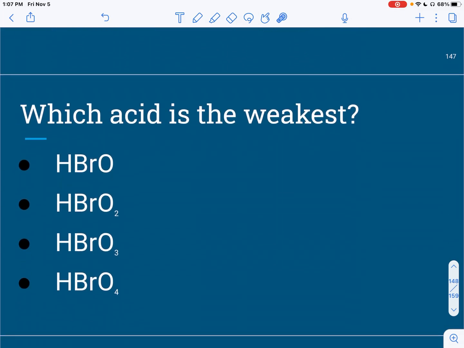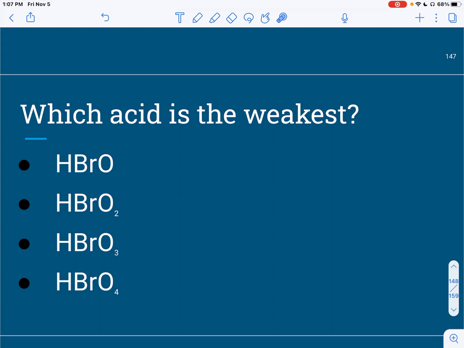So here, which acid is the weakest? You can see these are all the same except for the number of oxygens. So they're all HBr, and then different numbers of oxygens. For oxyacids, the more oxygens you have, the stronger the acid is going to be.